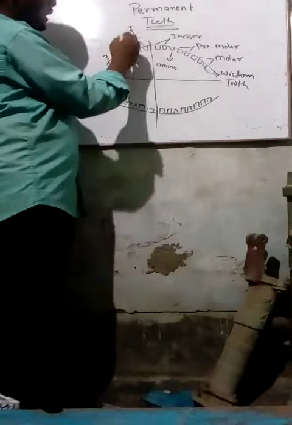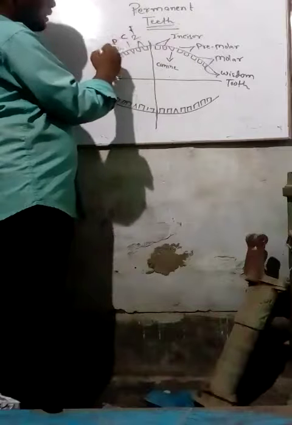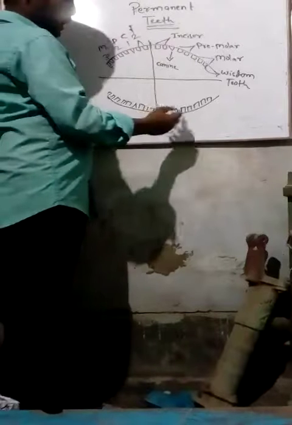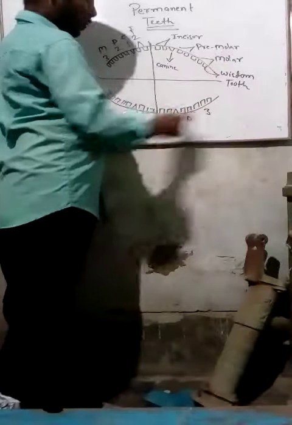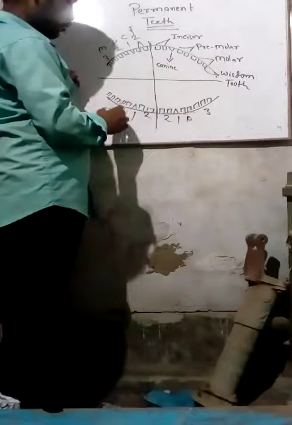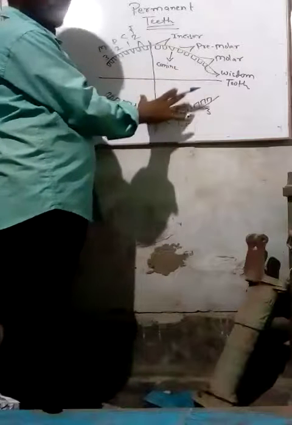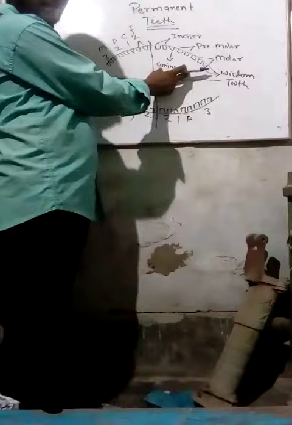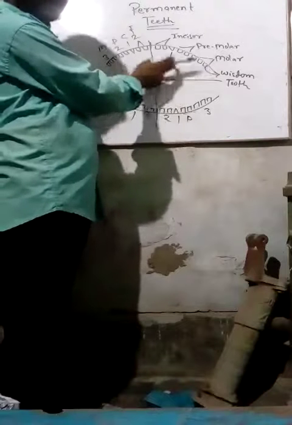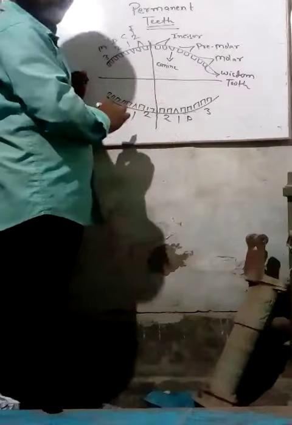Incisor, canine, premolar and molar. 2 incisor, 1 canine, 2 premolar and 3 molar. So you can see here, the types of teeth in the first quadrant are the same in all quadrants, right? जो टीथ के प्रकार फर्स्ट क्वाड्रेंट में है वही सभी के सभी सेम ऑल क्वाड्रेंट्स में होंगे, राइट?